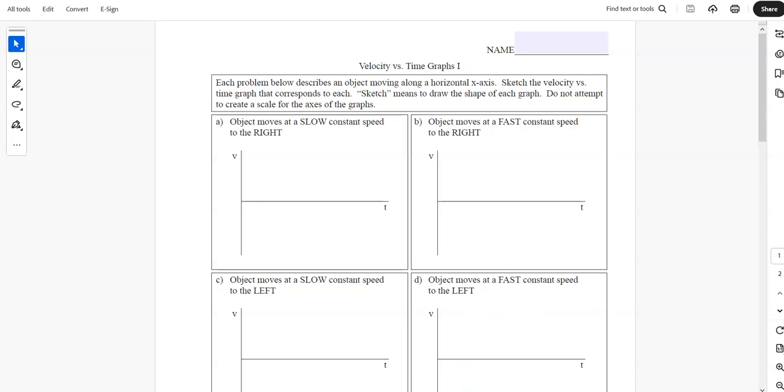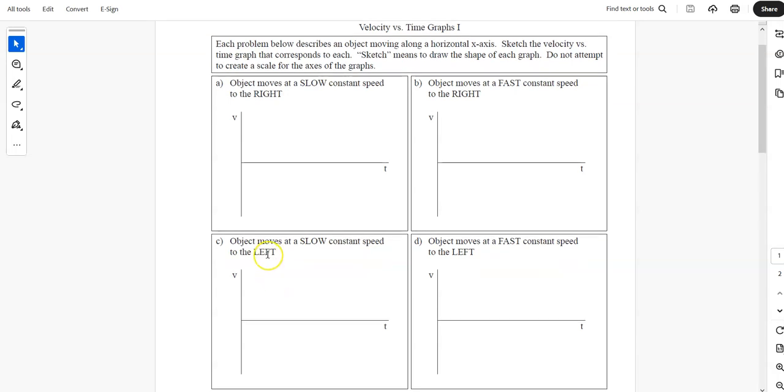But what we're going to do real quick is just a real quick talk about the different types of motion. So in this tutorial, they talk about a velocity versus time graph. So this tutorial is to teach you velocity versus time graph and how slow and fast velocities look on a velocity versus time graph, and what a rightward velocity and a leftward velocity look like on a velocity versus time graph.